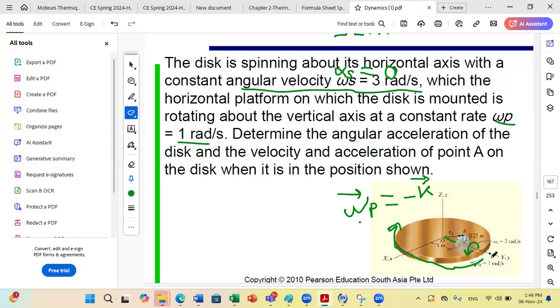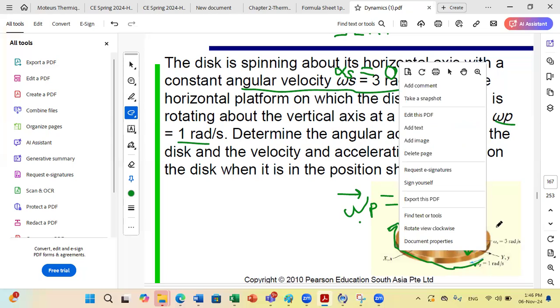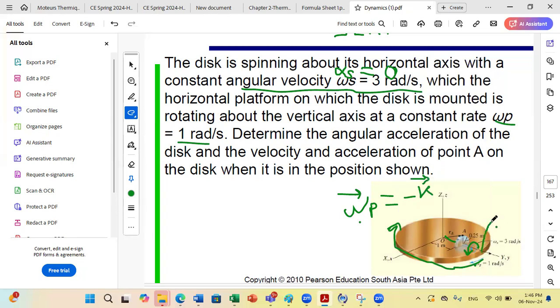While if you consider omega s vector, if we take the right-hand rule, it's along positive j. So omega s is plus 3j.